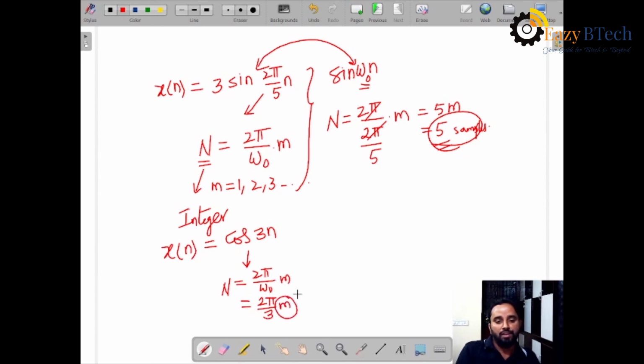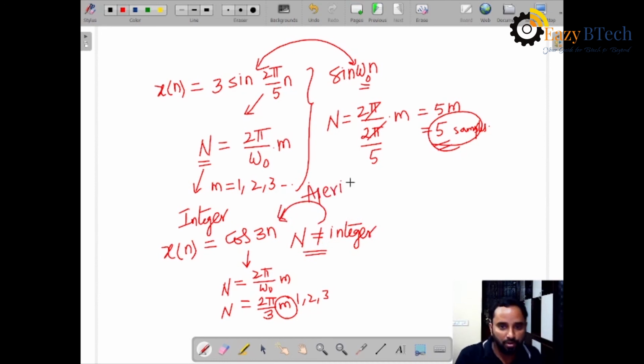By taking m value 1 or 2 or 3, is it possible to make capital N an integer? Suppose you take m as 3, the 3 gets cancelled, leaving 2 pi. 2 pi is not an integer. So what do you understand by this? In this case, we are not getting an integer, so the given signal is not a periodic signal.